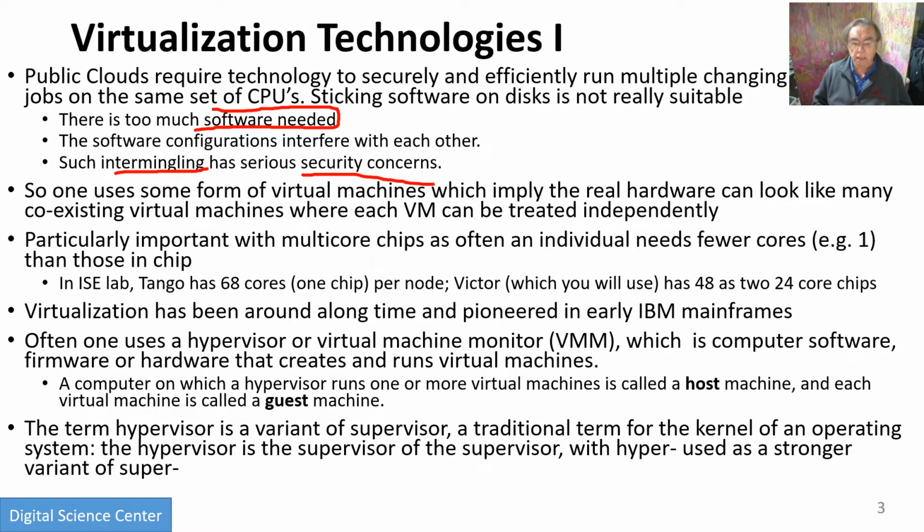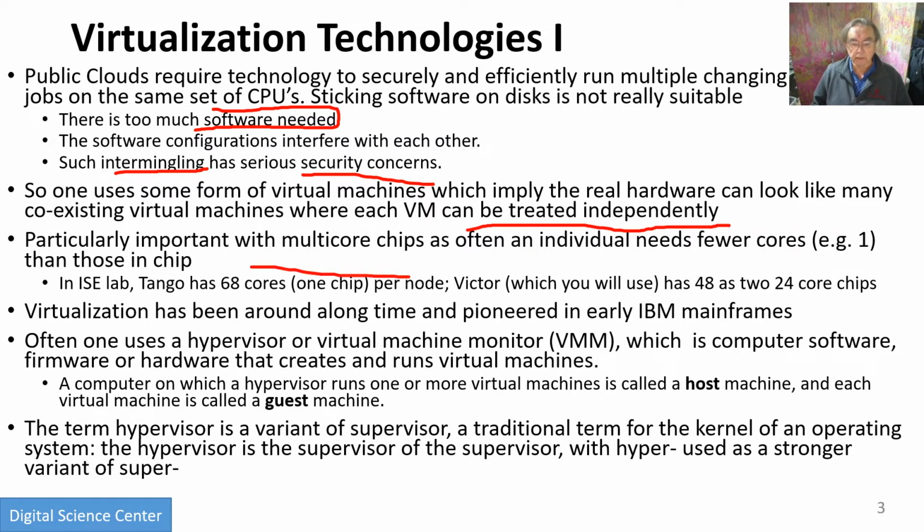So this requires some sort of virtual machine. It doesn't say how it has to be done, but it needs a virtual machine which preserves the illusion of say a Linux, or usually Linux, but sometimes Windows machine. And that whole machine runs on top of your hardware, and each job has its own machine, which is then treated independently.